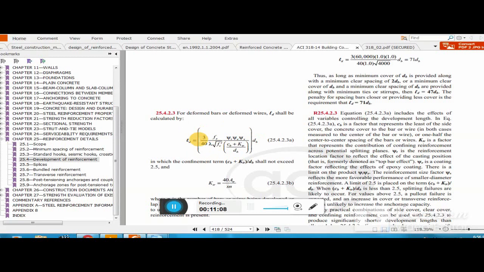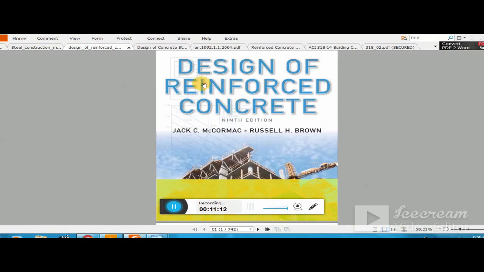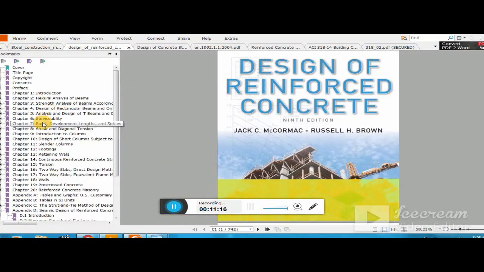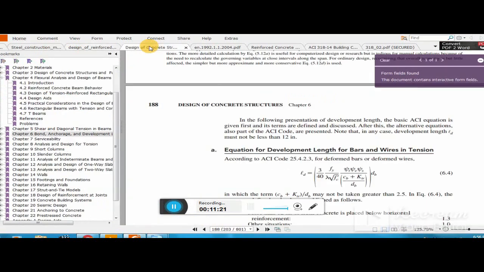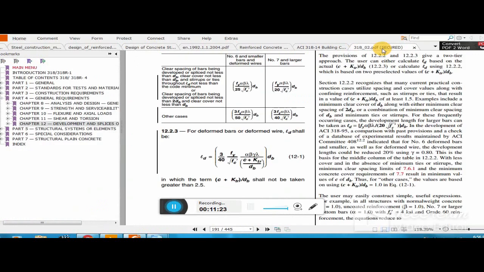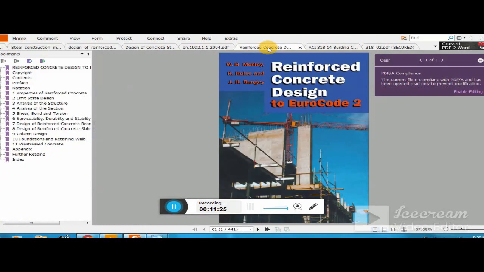Clear? You must visit these. In the economic book there is also a chapter, which is chapter 7, clear? And if you visit the Nielsen book, it is a mostly used book. If somebody uses Eurocode, they can find that in chapter number 5.